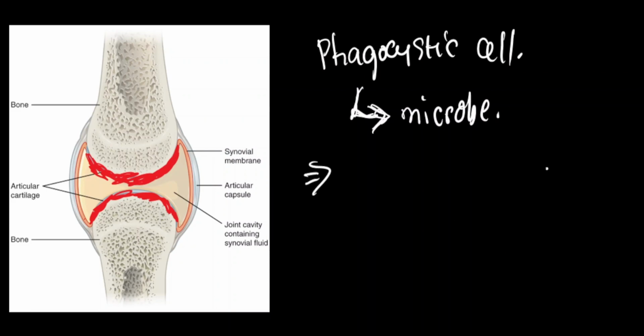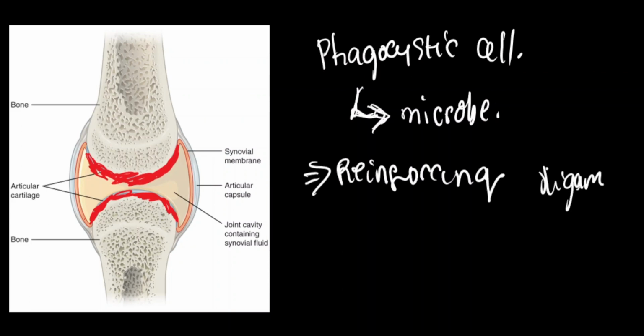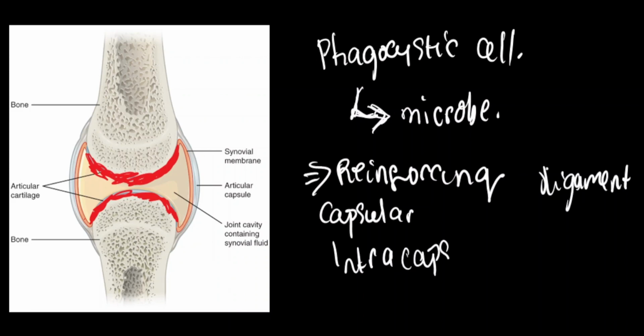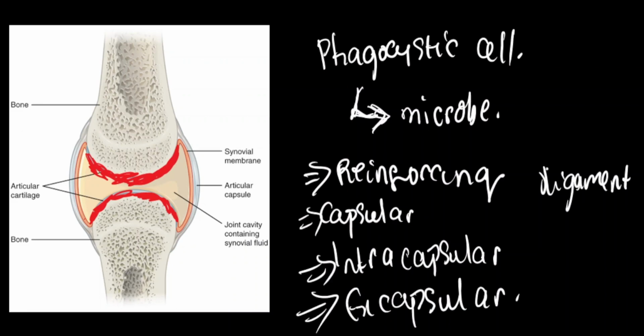When we consider the reinforcing ligaments, it's important for us to take note of the fact that these reinforcing ligaments could be capsular, it could be intracapsular, so within the capsule of the joint, and it could be extracapsular, outside the capsule of the joint. Now, when the reinforcing ligament exists as a capsular ligament, it usually forms part of the fibrous layer of the articular capsule.